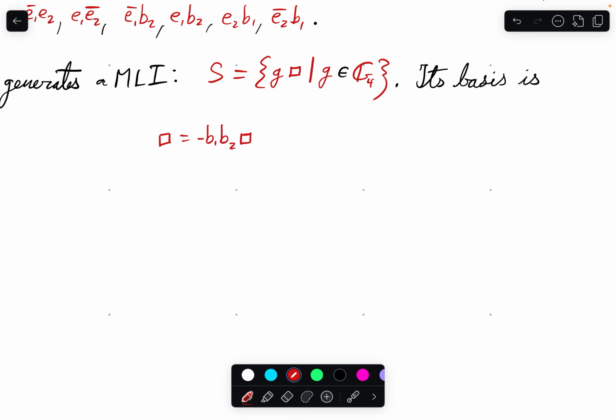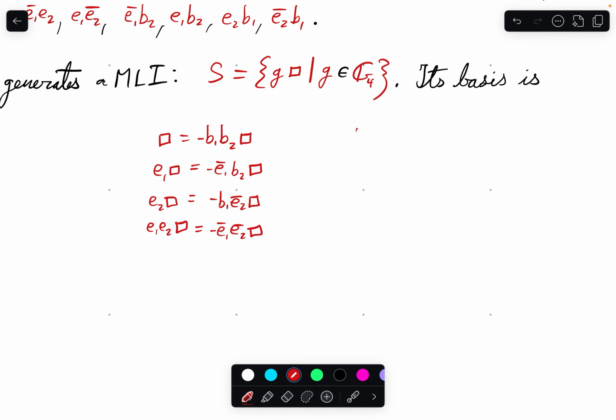And then E1 box, E2 box, and then E1 E2 box. These are all equal to different things. So this is minus E1 bar B2 box, minus B1 E2 bar box, minus E1 bar E2 bar box.